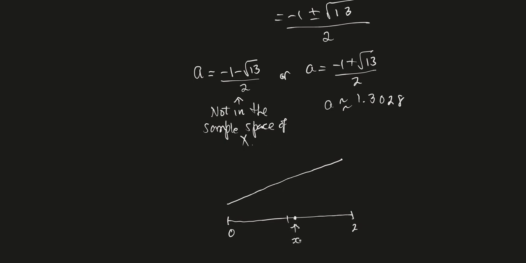So this is our x sub 0.5, which is approximately equal to what we just found, 1.3028. And visually, what it means is, right at that line, we now have a 50-50 split in the distribution. So we have 0.5 of the area there, and then the remaining 0.5 of the area there, right?